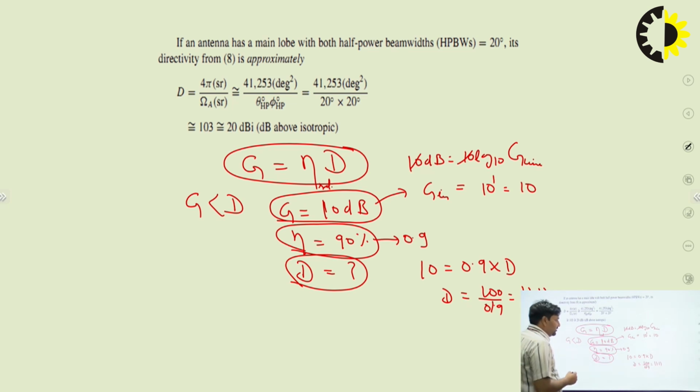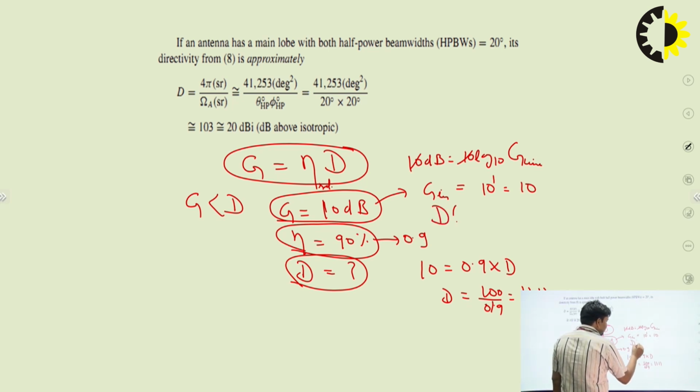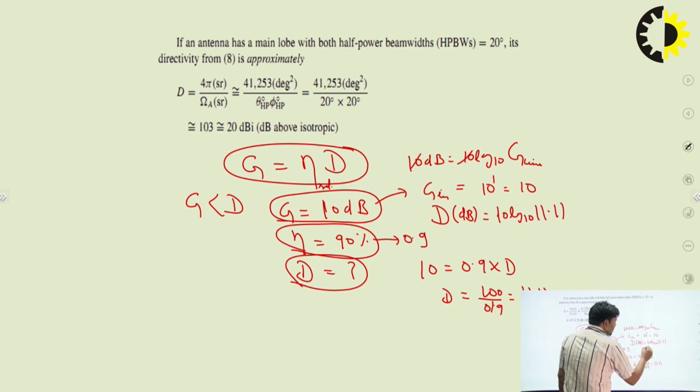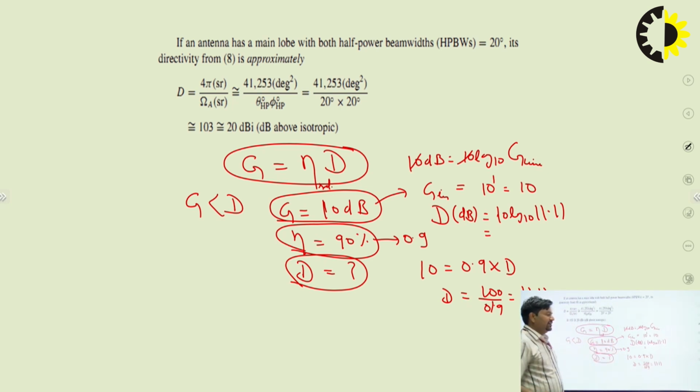If we want the directivity in decibel form, it is 10 log base 10 of 11.11. This is an important question asked in university exams. I just want to remind you of the relation between gain, efficiency and directivity, so you can solve this question using this method.